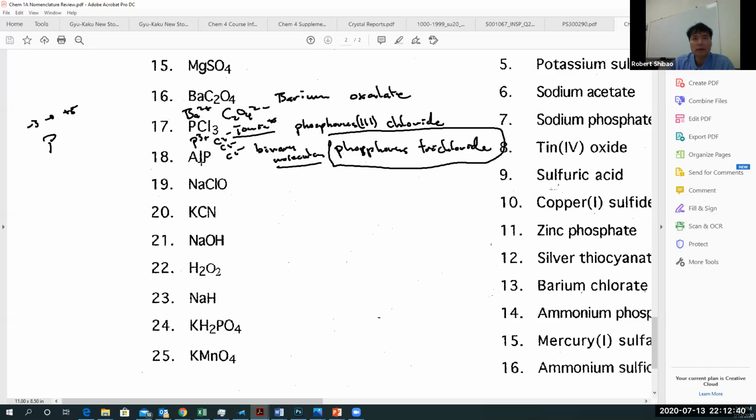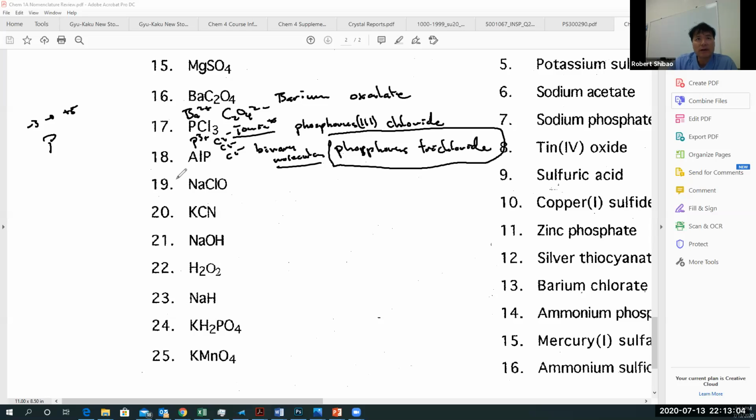Now, names like this, here phosphorus is the cation. You can see in this phosphorus 3, it's +3. In AlP, phosphorus is the anion, because remember, phosphorus charges vary from negative to positive. In this case, aluminum's charge is fixed. So aluminum is always +3.